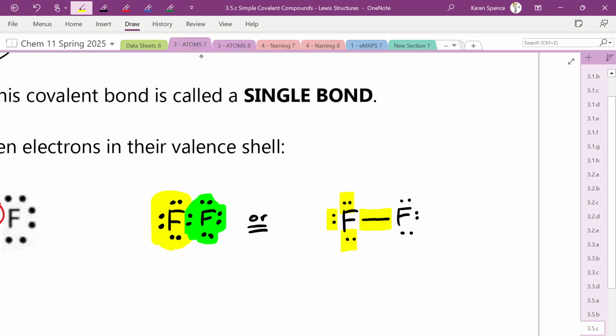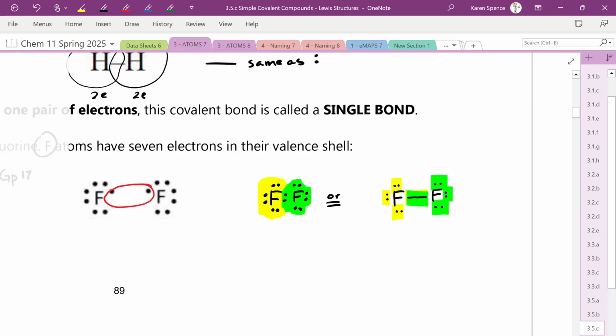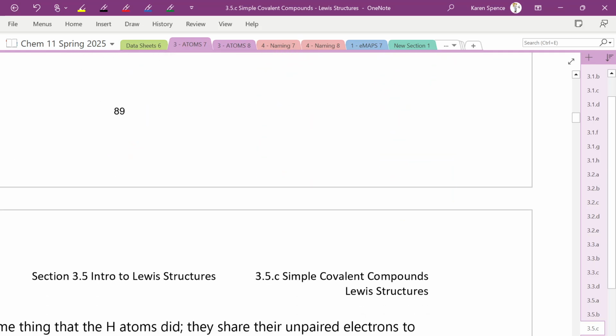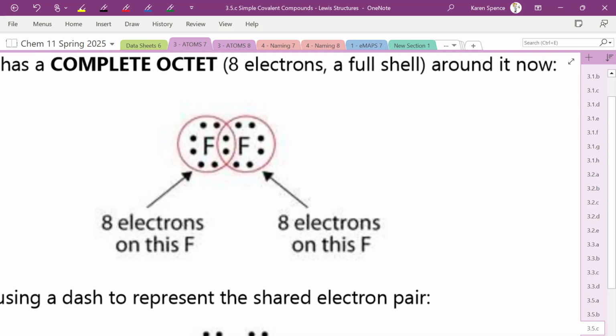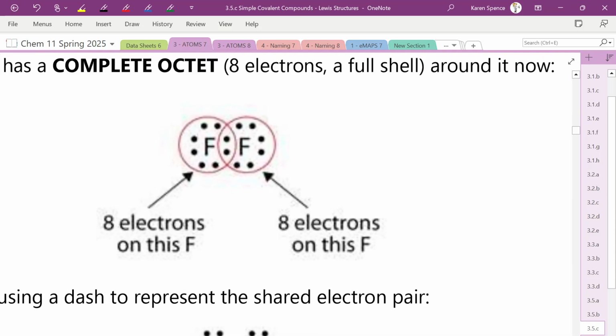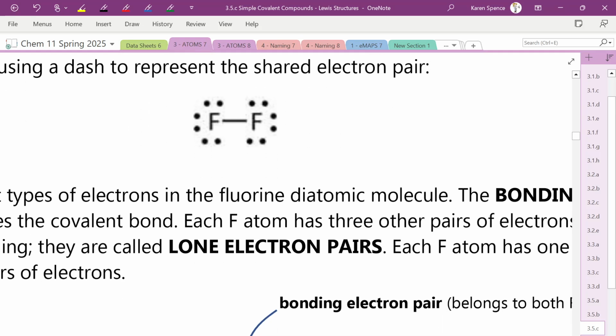And then around the fluorine on the right, we have 2, 4, 6, and a bond makes 8. Okay? All right, so this just shows what we've got here. This is what we did.